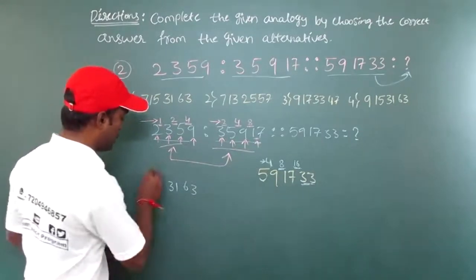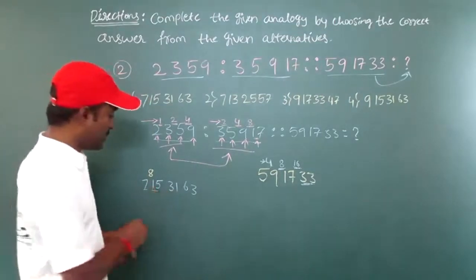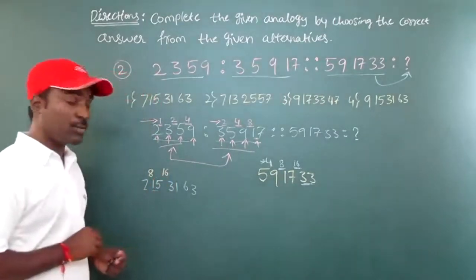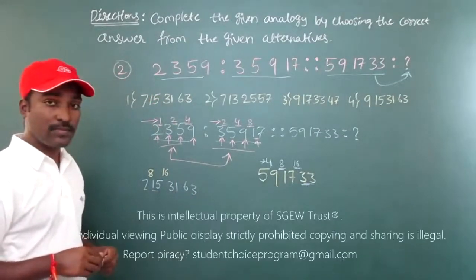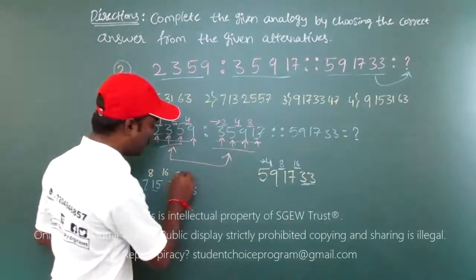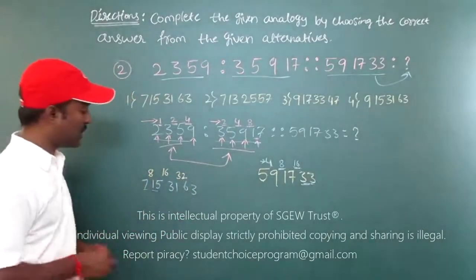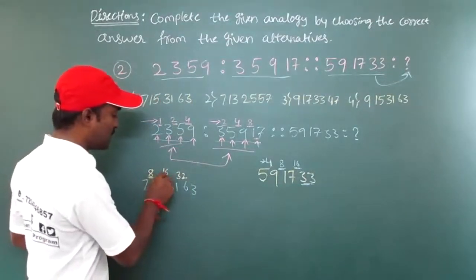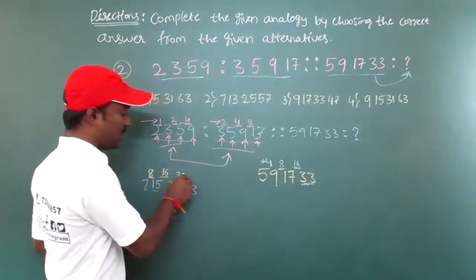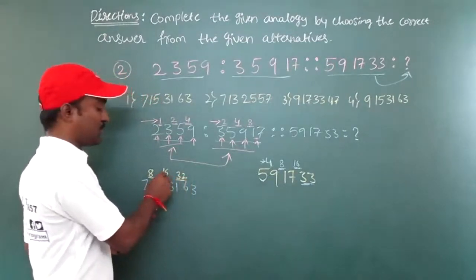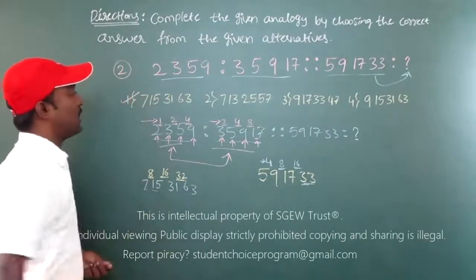Now the difference between 31 and 15 is 16. Now moving to the next numbers, 63 and 31, the difference is 32. Here the difference is doubling. The first difference is 8, the next is 16, which is double of 8, and the next is 32, which is double of 16. So this will be our correct option. The first option itself is the correct option.